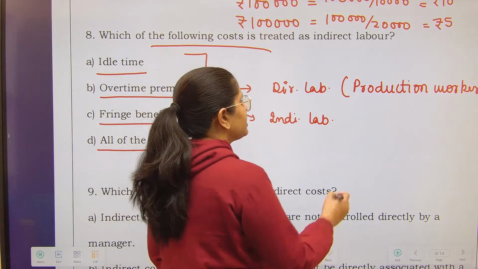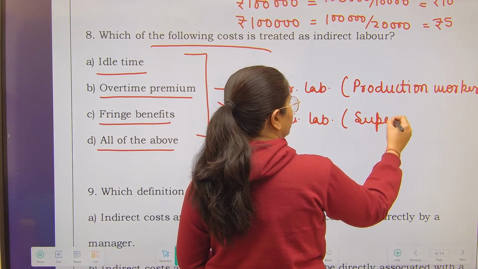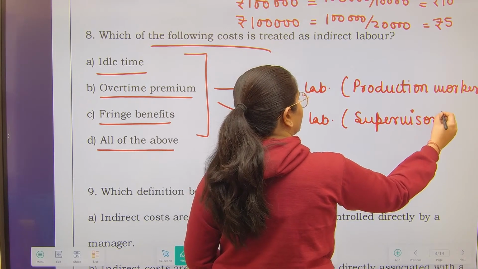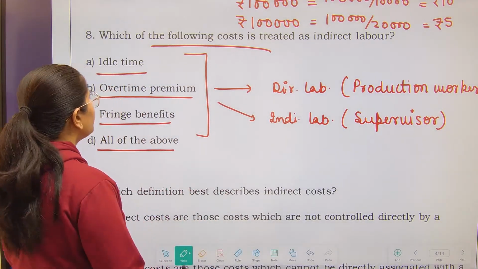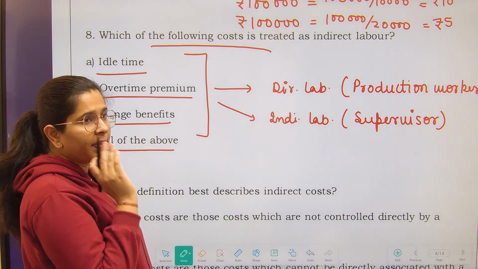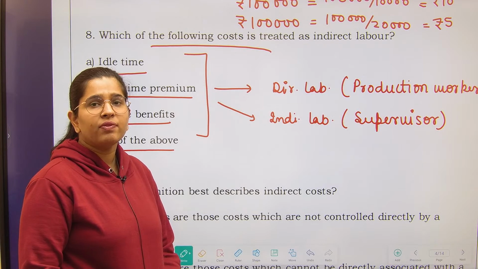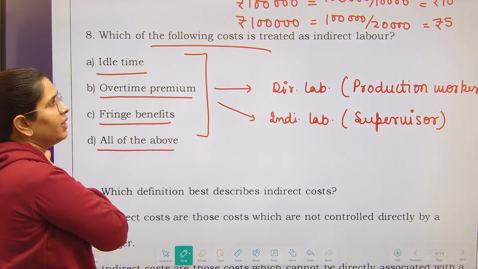And if these are being given to the supervisor, then they will be classified under indirect labor. There is no difference between idle time, overtime, fringe benefits. These are the benefits which are being given to the worker over and above the normal wage rate. Hence, I cannot differentiate between these three.